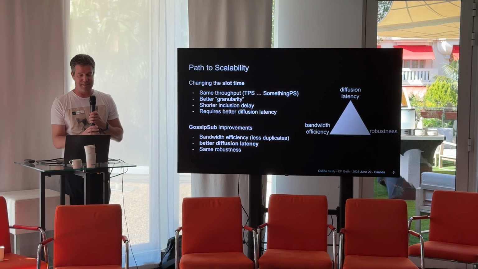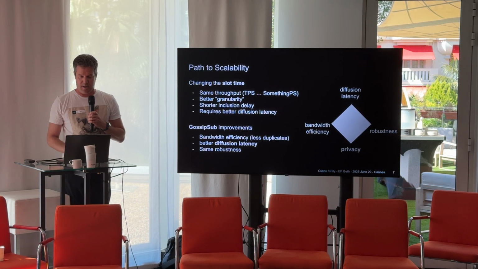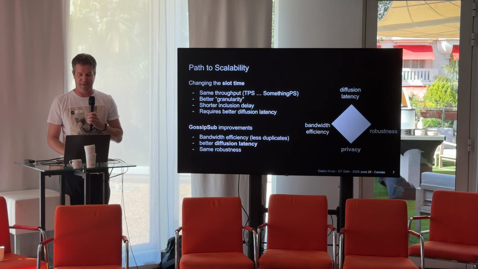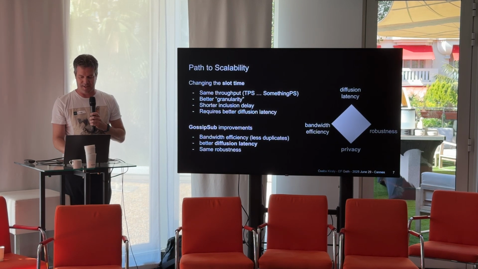But I think there are some free lunches here, others are compromises. Unfortunately, the triangle is not always the best model. We also have privacy, and if we think more, we could add other dimensions. So yeah, we have to make compromises, and different techniques achieve different things.